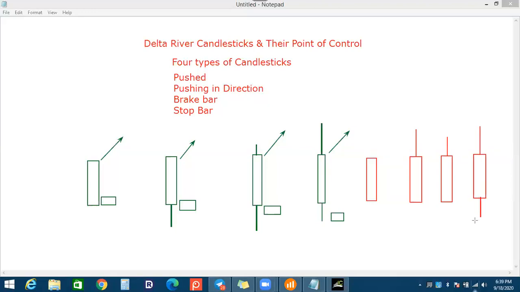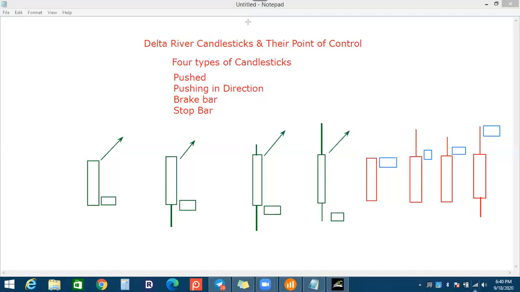Any type of candle you can see in the Delta River. So in the bearish candle, where is the opening price? At the top or at the bottom? Top. So this is the open price of the bearish candle and volume increased on the open price.